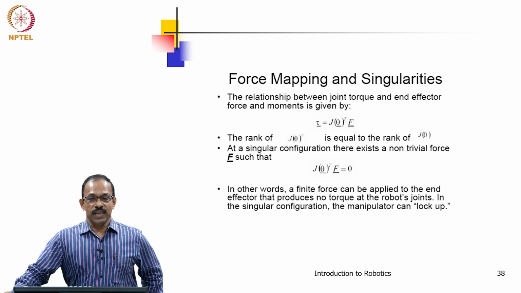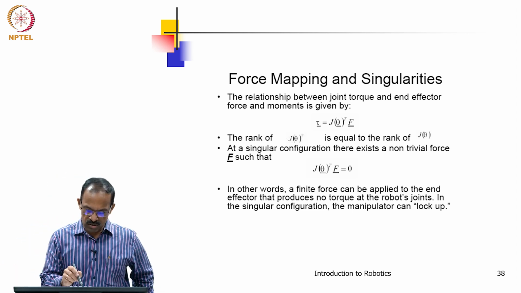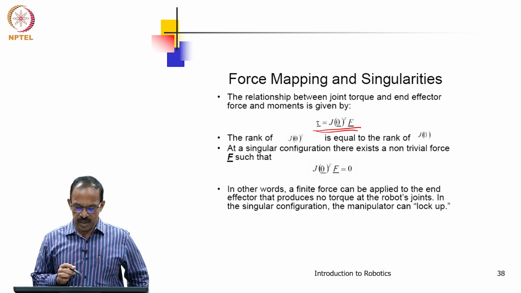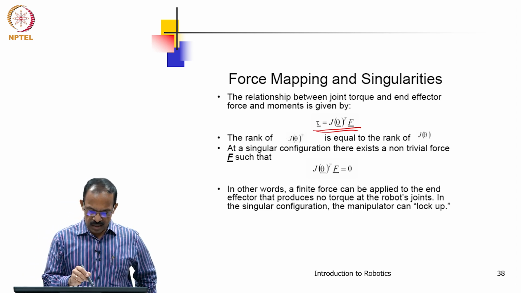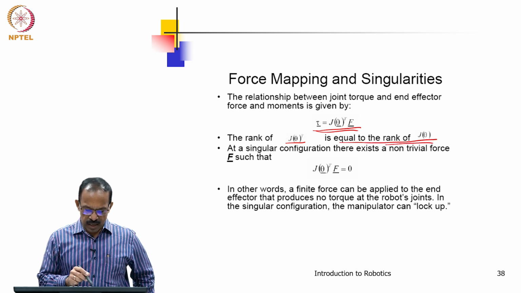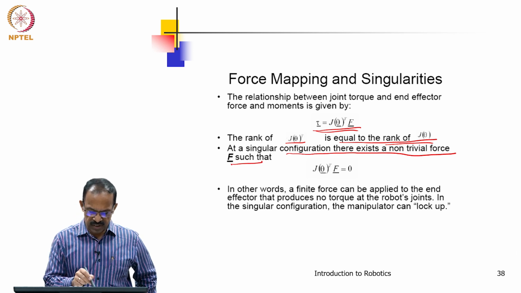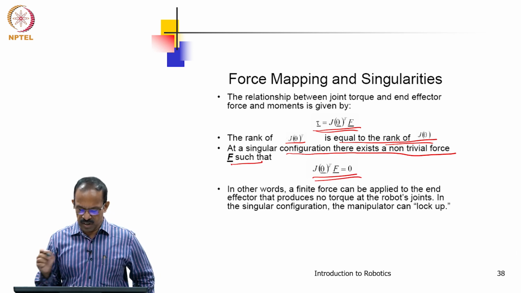Here also there will be some singularity situations, because we have tau is equal to J transpose F. The singularity here is that the rank of J transpose is equal to the rank of J, and in a singular configuration there exists a non-trivial force F such that J transpose F is equal to 0.